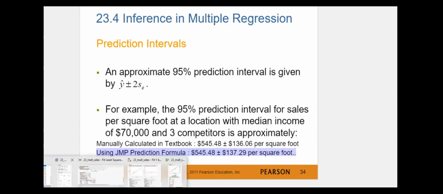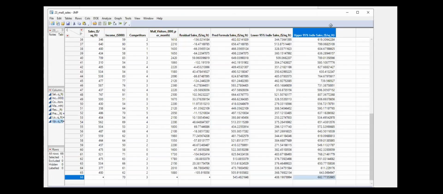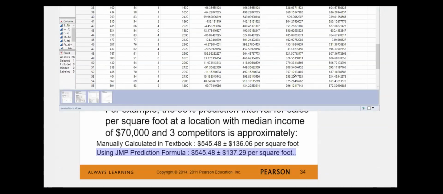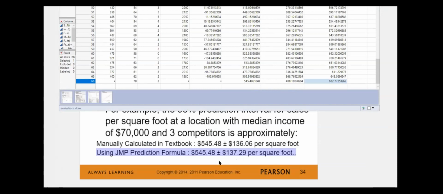You can calculate it yourself and check the numbers. Let me bring this up and you can see the numbers. Compare the numbers: 545.48, plus minus 137.29, will be 682 and 408.